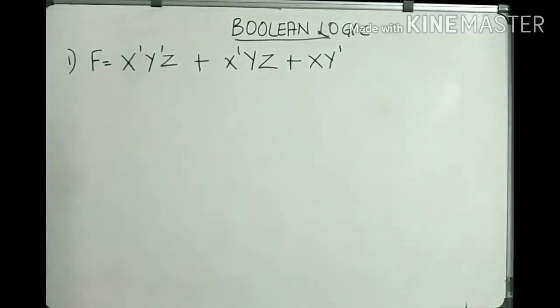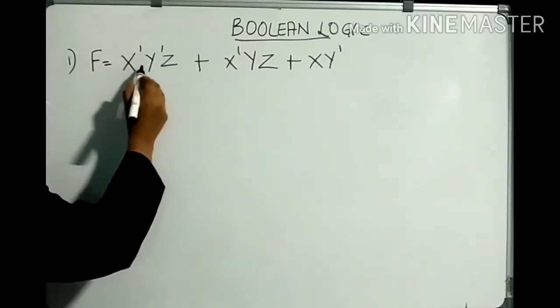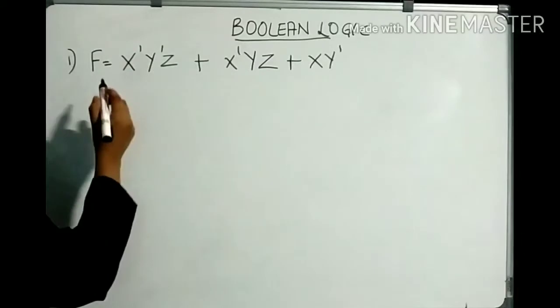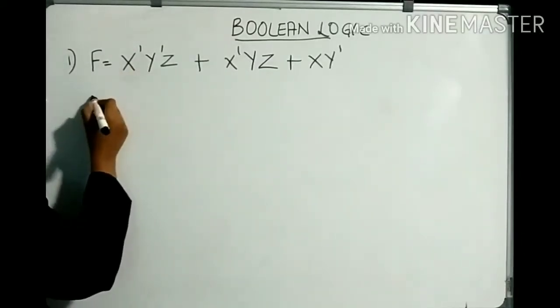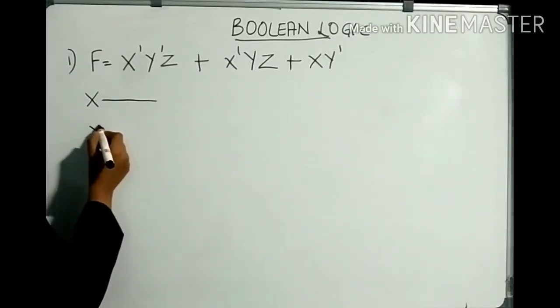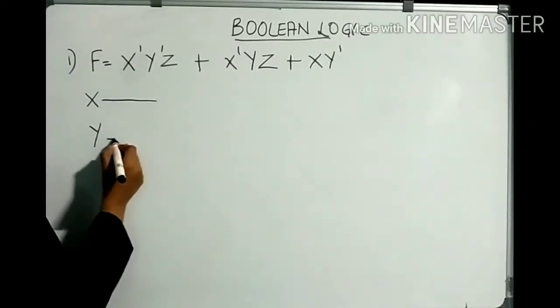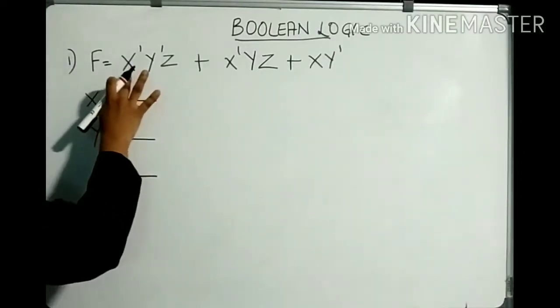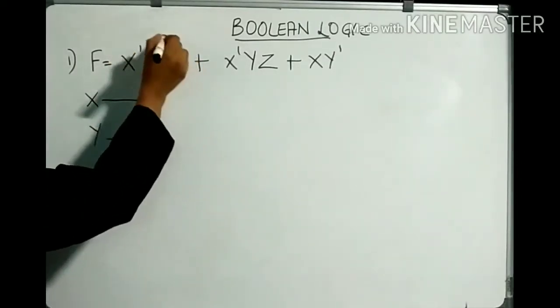Okay. So let us see how to do this. There are three Boolean variables, so they will be considered as inputs. First we shall write x, y and z.